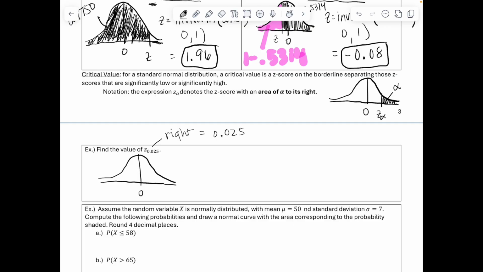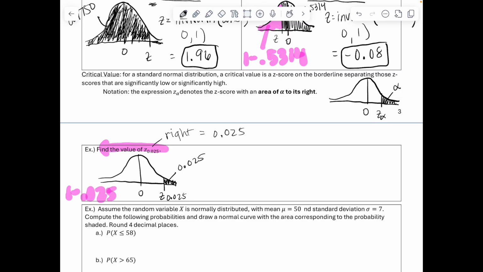That's pretty small, so I know that the shading is going to be just a little bit, and this is going to be my z sub 0.025. That would be there. And this little area that we shaded here is 0.025. So to find that area to the left of it, we have to do 1 minus 0.025.